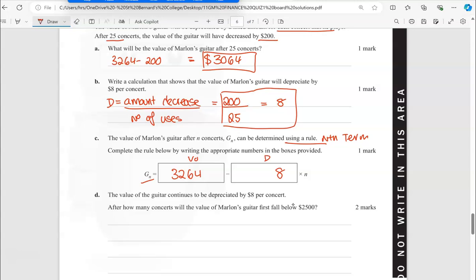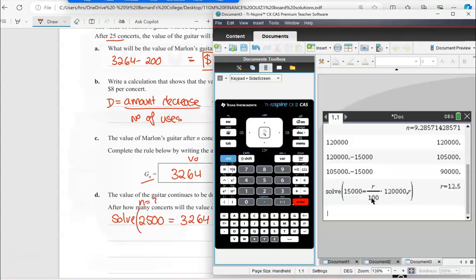The value of the guitar continues to depreciate by 8 per concert. How many concerts will it take for the value to first fall below 2,500? So you want the value to be this, and you want to know how many. So n is how many. So if you go 3,264, I'm using that nth rule. And what am I going to do now? Can I do solve? Yes? Comma n. So we'll do that on our calc.